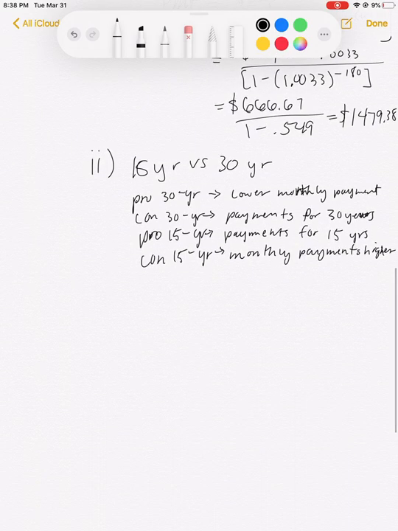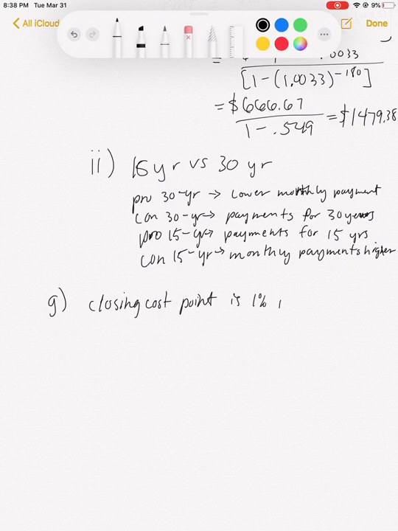Now, in part G, for this section on mortgages, we have closing cost points. Now, a closing cost point is 1% of the loan. Remember, closing costs were fees.